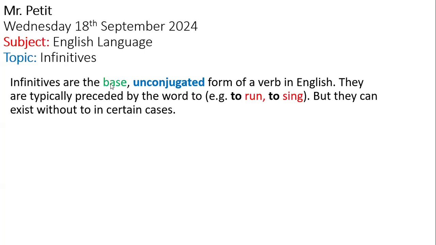Infinitives are a base unconjugated form of a verb in English. Very good. Thank you. Zion Davis, what do you mean by an infinitive? To sing? No, what do we mean by it? I just want the definition. Infinitives are the base.